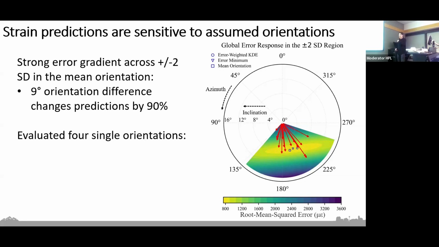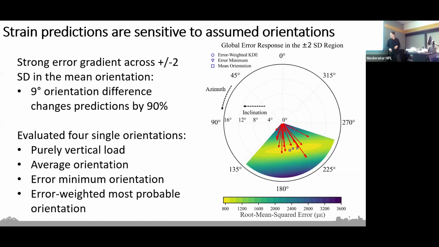So we looked at evaluating 4 different single orientation techniques. We used the purely vertical loads. We used the average orientation coming out from a couple of slides ago. We used the error minimum orientation, so finding the minimum from this plot and using the orientation at that point across all models. And then we used an error-weighted most probable orientation.